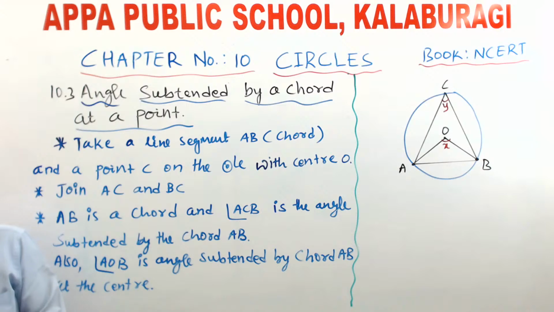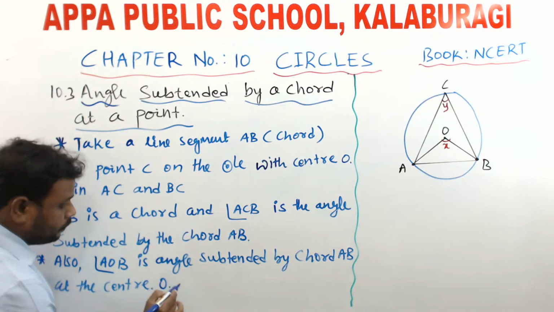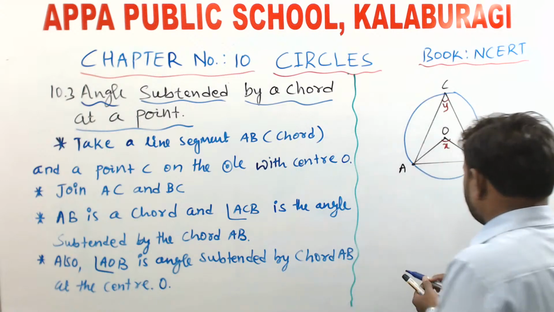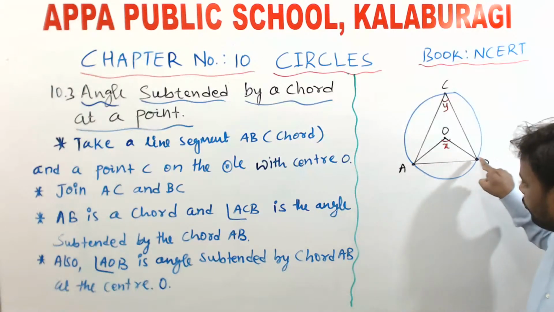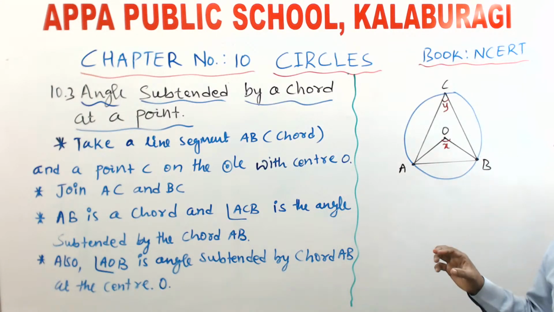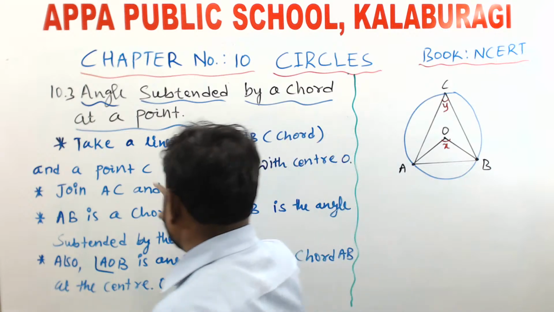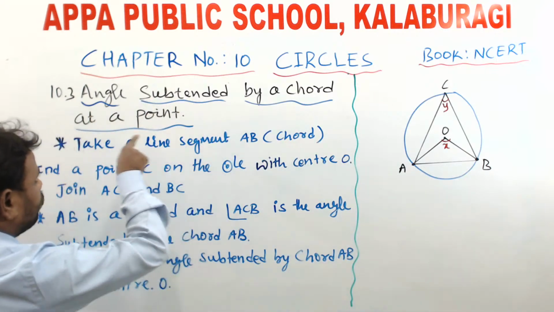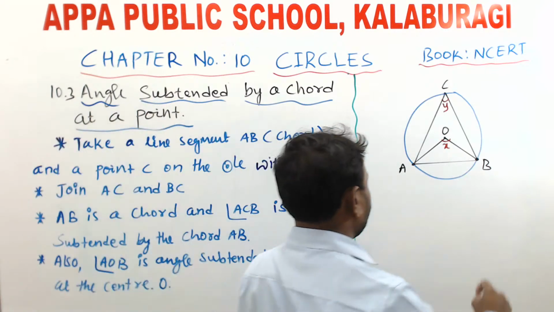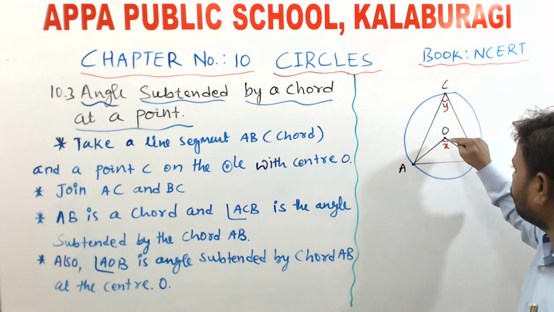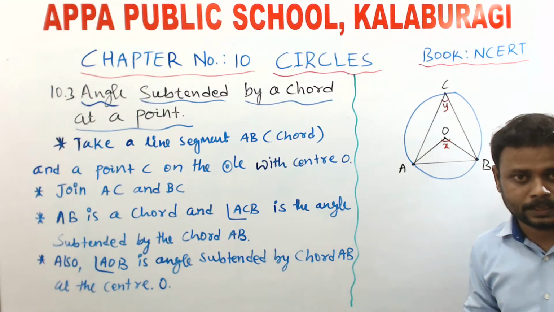At the center, so you can say that is O. See, this chord AB. So we are focusing on and discussing the angle subtended by a chord at a point. So at the point C and at the point O, an angle is subtended.